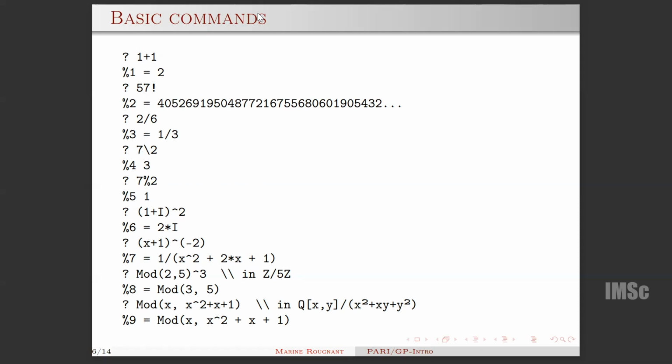This is not this one. Just forget that. So here you are in Q of x, and you just want to quotient by that to define a field. And this one is another example, and I just switched both. I'm sorry.